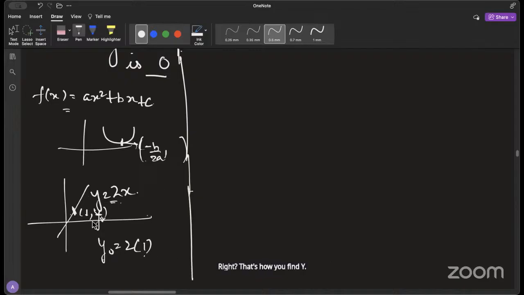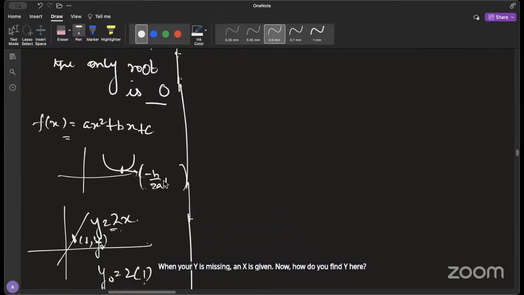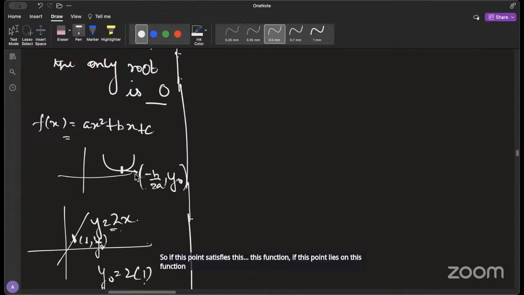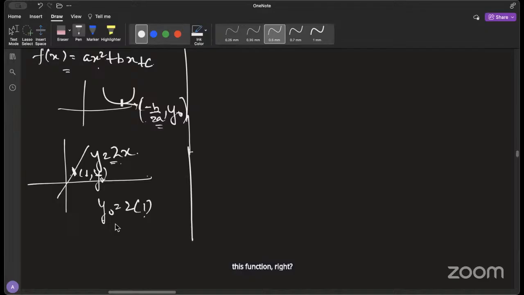When your y is missing and x is given. Now, how do you find y here? Let's say you're saying (minus b by 2a, y naught). We don't know what y naught is yet, right? We'll find it. This point lies on this function because it's the vertex, so it should satisfy this function, right?